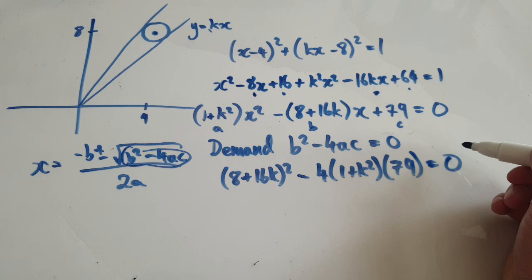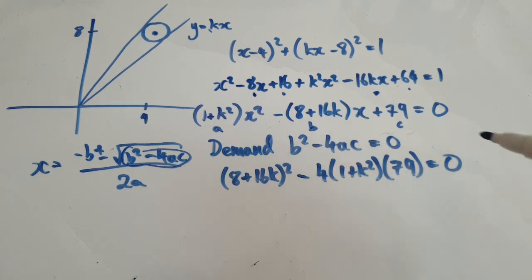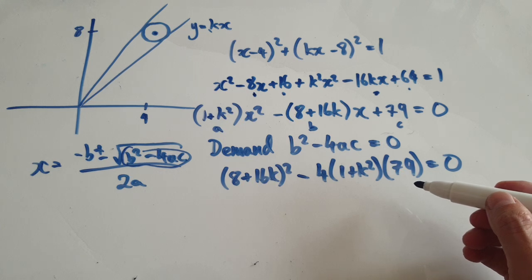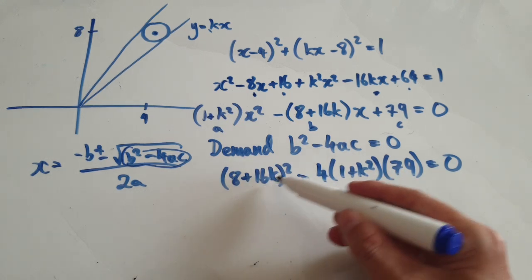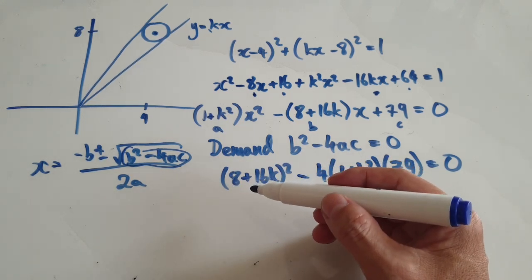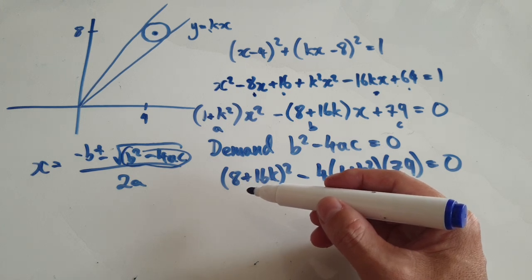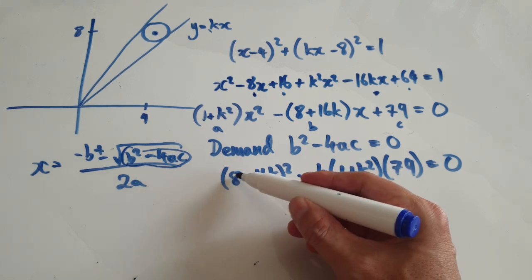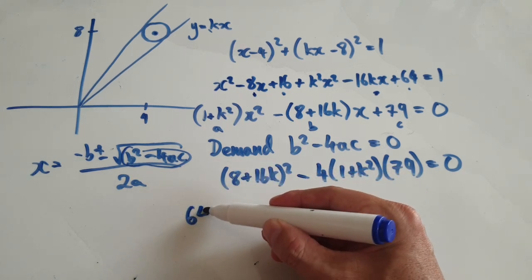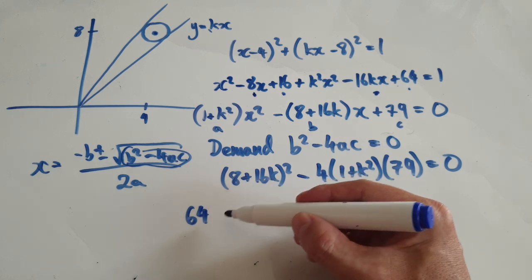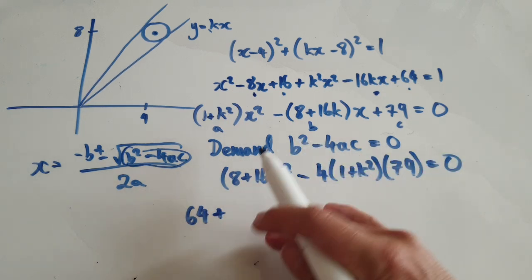Okay, so now let me think. Now multiply this out. 8 times 8 would be 64, and then I'm going to do this in one go.